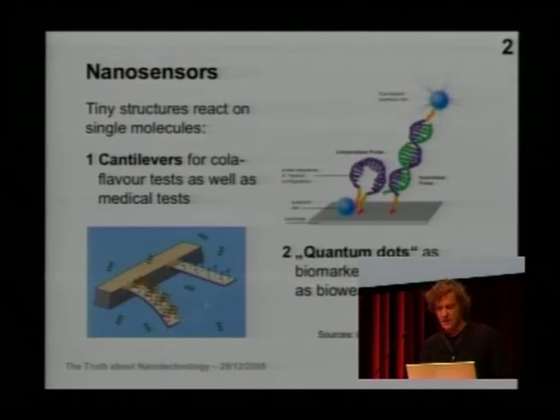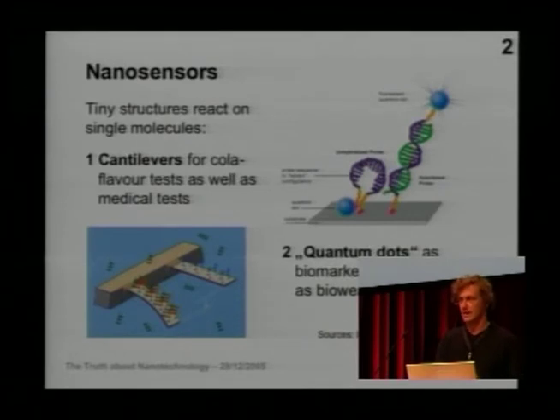And that's already there, both of them. These are already products. It's not a concept anymore.